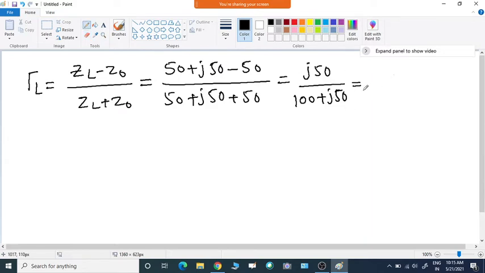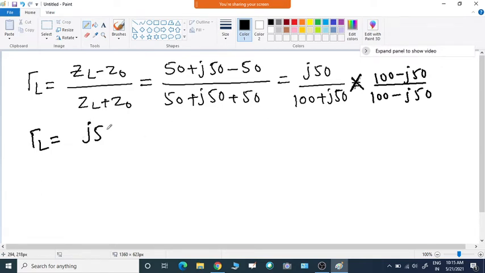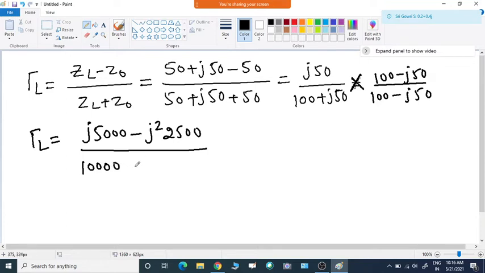What is the value? You can rationalize this, multiplying by 100 minus j50 divided by 100 minus j50, and find out what is gamma L. If I rationalize, it will give j into 5000 minus j square into 50 into 50, 2500, divided by 100 into 100, which is 10,000, minus j square 2500.